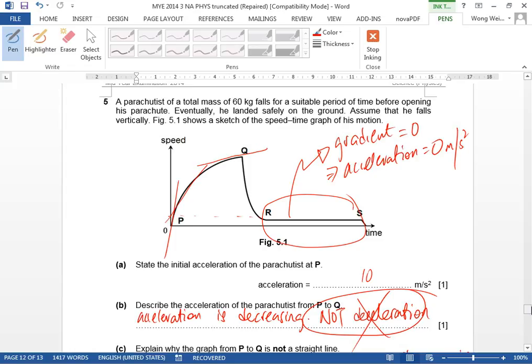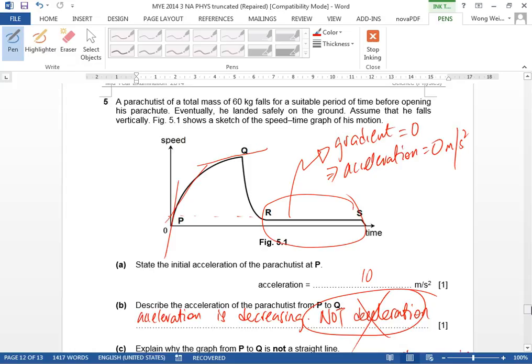Is there a difference between what's in weight and what's in weight? What's the key word? Magnitude. Why did I just specify magnitude over here? So what if I remove the word magnitude? Is this correct? What's wrong? Okay.